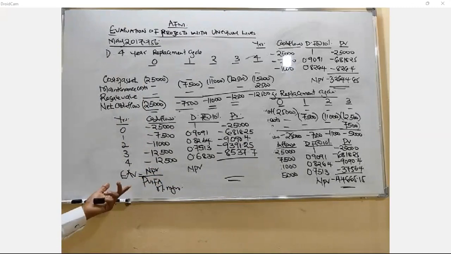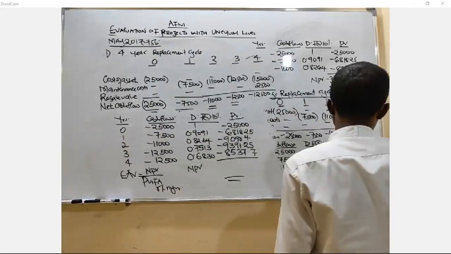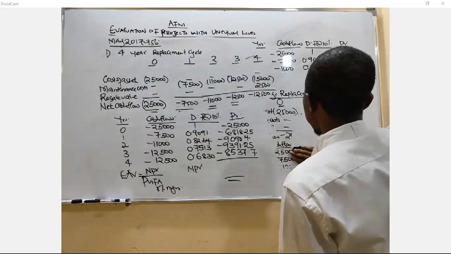So what is the equivalent annual values? Nataka upate pale so that we can calculate it and we advise. That's swali imekwisha. Chaelewa hiyo concepts. Swali yako unaimaliza namna hii.